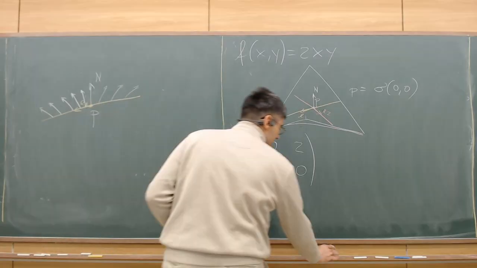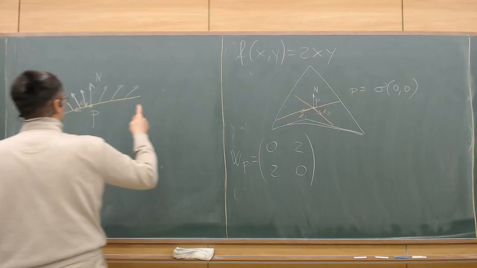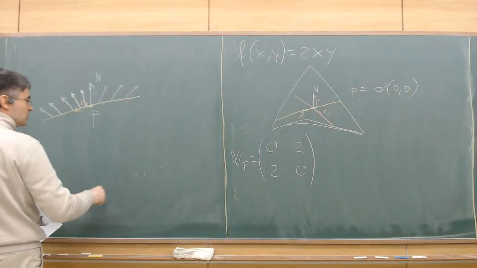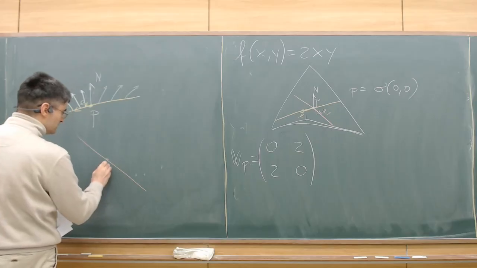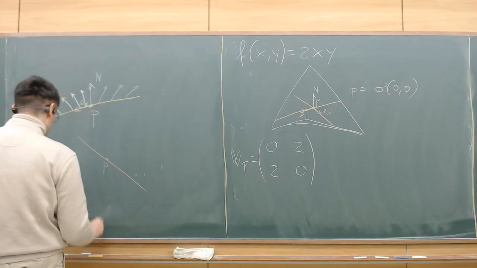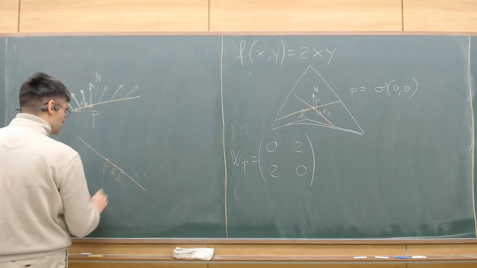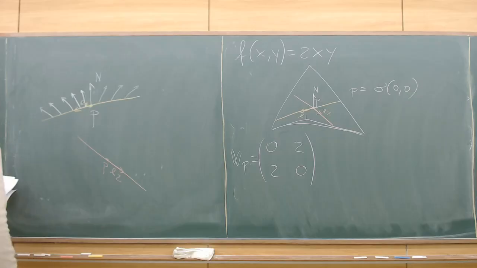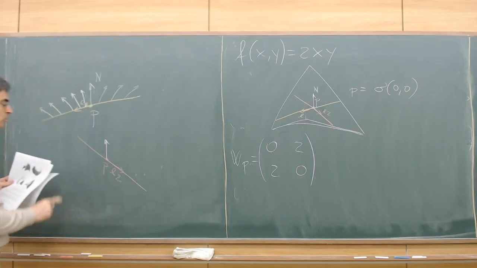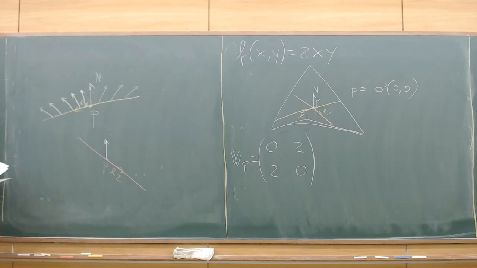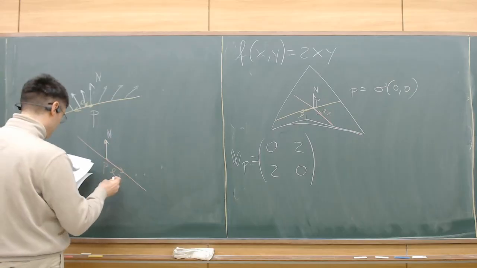Similar is the behavior of the vector field n along E2, the curve parallel to E2 at P. So this is P, this is E2. This is n at P. Also along this curve, the vector n rotates.